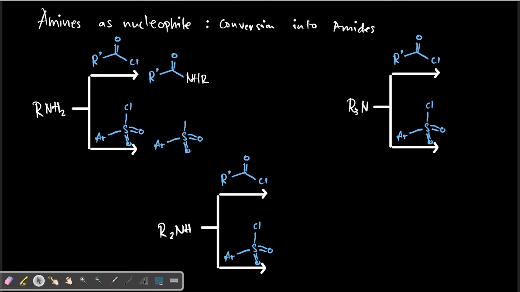Tapos, we will have here our NHR na galing lang din dito sa ating primary. So, ganun lang din when it comes to our secondary amines. Ganun lang ulit yung gagawin nyo. All we need to do here is just copy this.